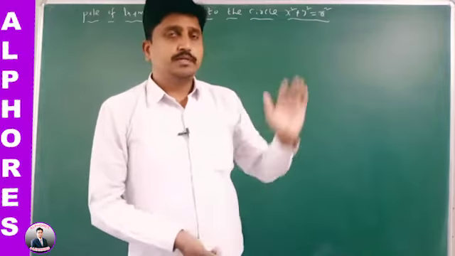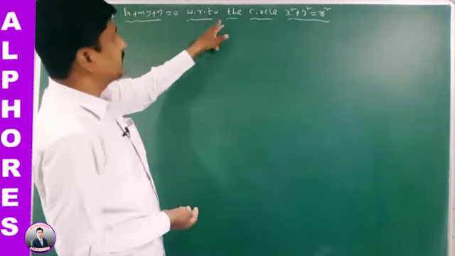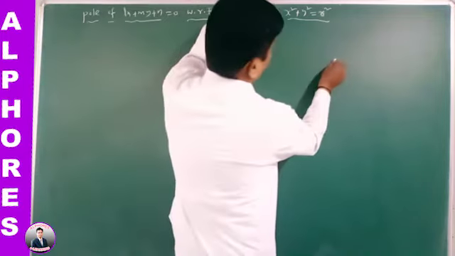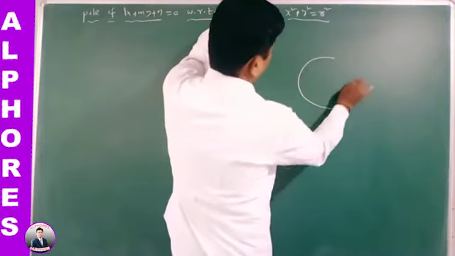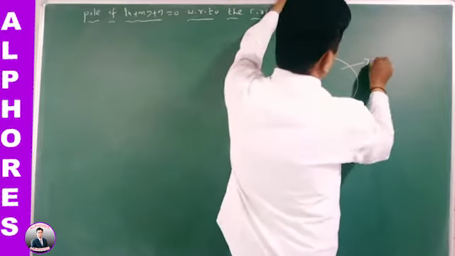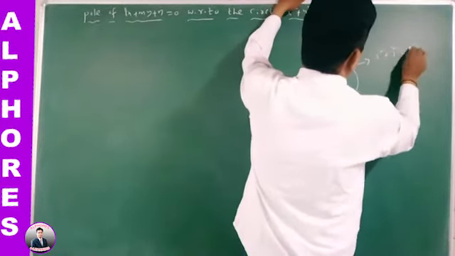Okay, next students, the pole of the line Lx plus My plus n equal to 0 with respect to a circle x square plus y square equal to r square. This is the circle x square plus y square equal to r square.